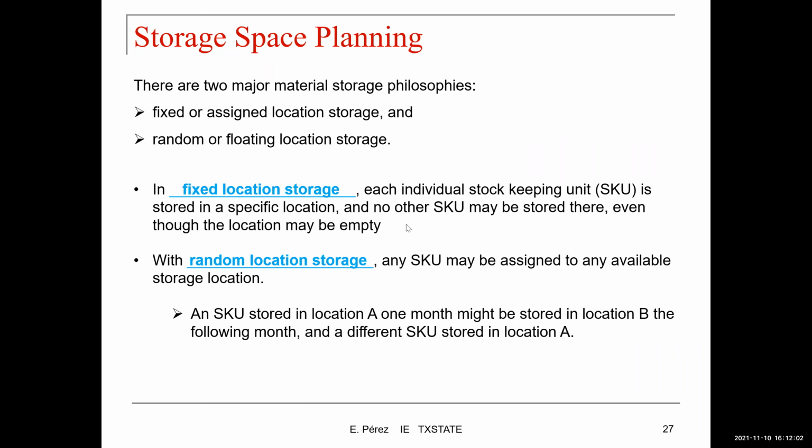So which one do you think will occupy more space? Yes, fixed location. So the advantage of the random location storage is that you don't need as much space. But which one do you think will be more efficient in terms of picking orders and storing and so on?